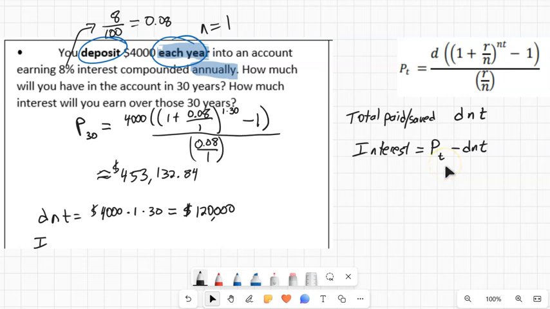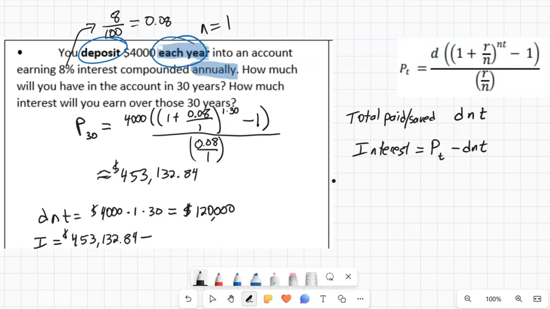You have two numbers you're looking at. One is 453,000-ish, and the other is the 120,000. One number will be larger than the other. For a savings problem, the amount in the account will be larger than the DNT, how much you saved. So you always take the larger number, subtract the smaller number. Otherwise you get a negative, and that doesn't make sense for how much interest you've earned or how much interest you've paid. It'll always be a positive number.